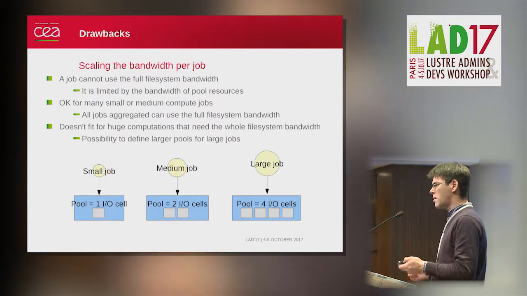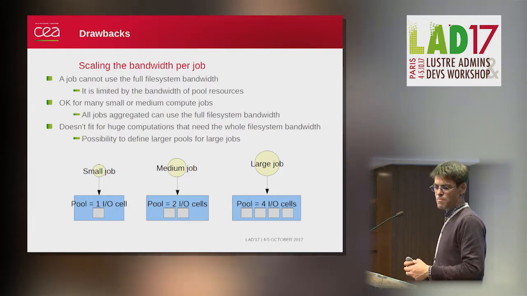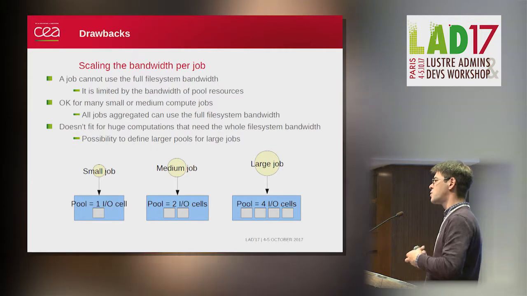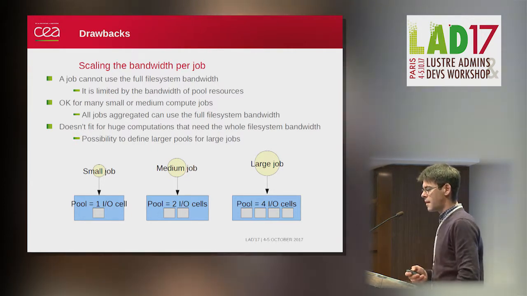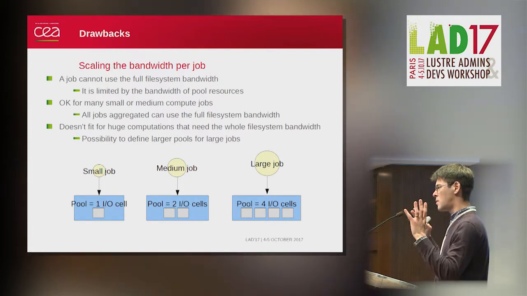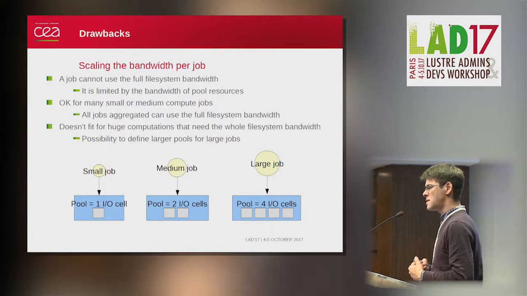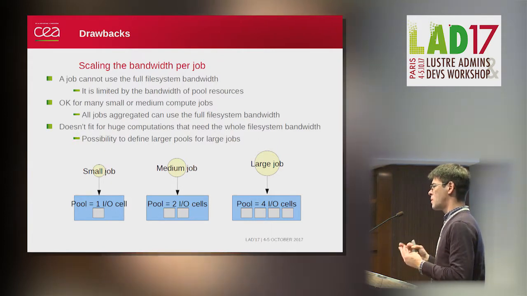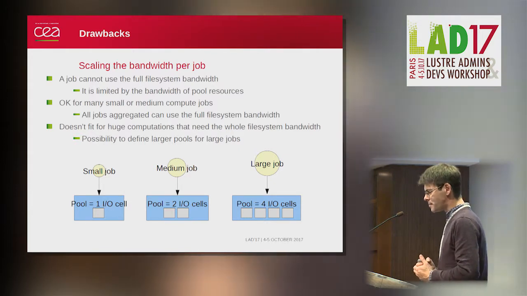One drawback of this method is that one job cannot use the whole file system bandwidth at once. As we restrict it to a limited set of OSTs, the bandwidth of the job is limited to that bandwidth.